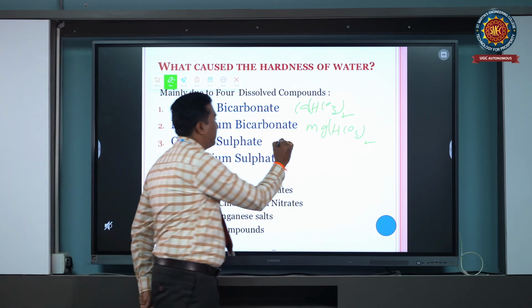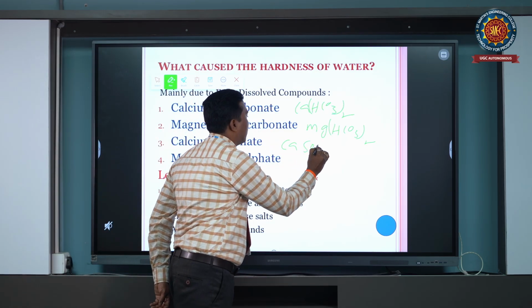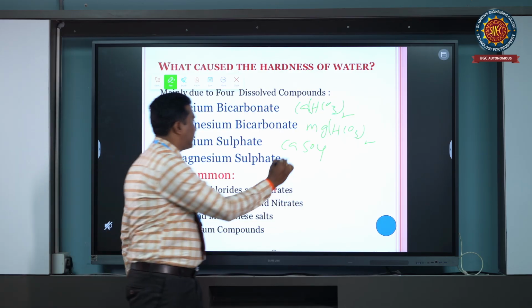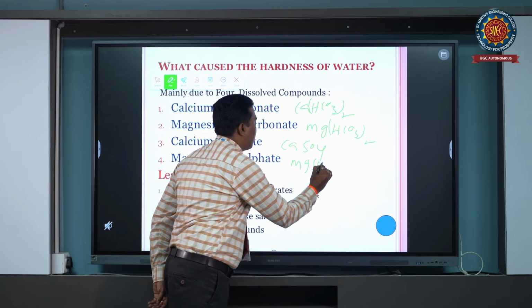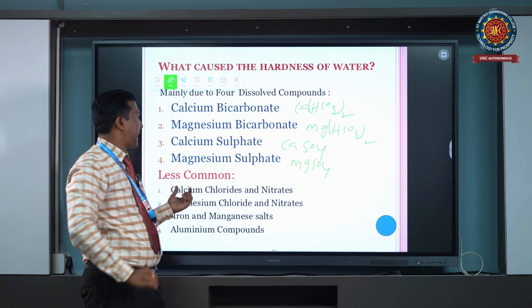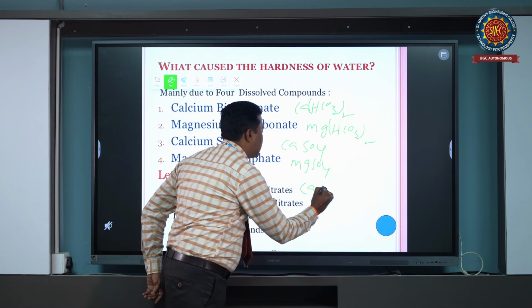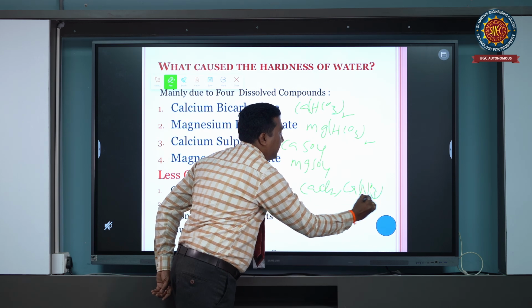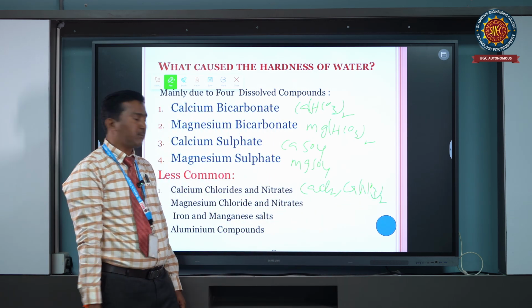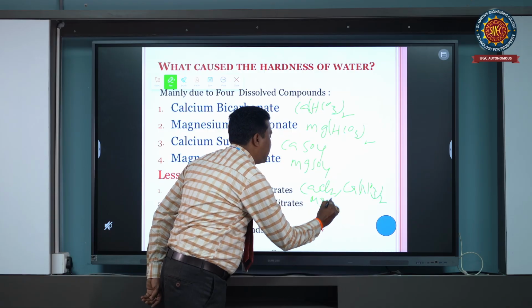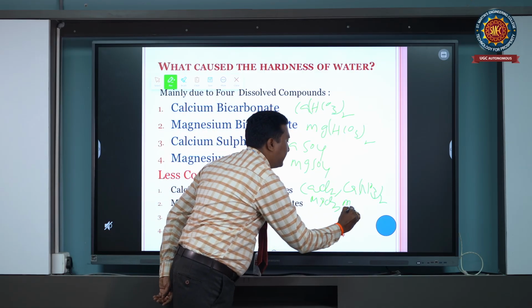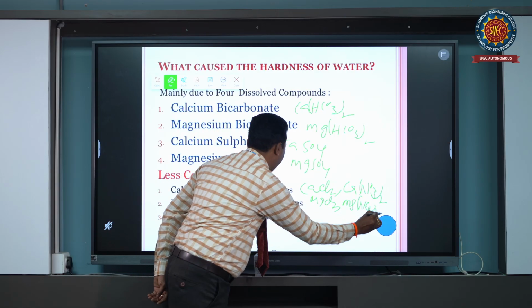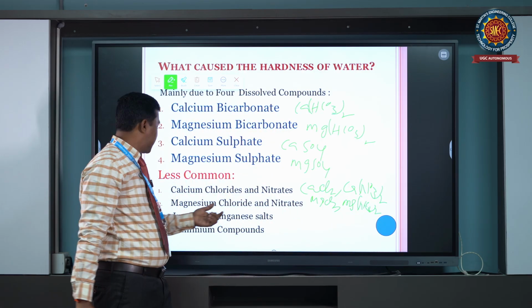Calcium sulfate is CaSO4, and magnesium sulfate is MgSO4. Calcium chloride is CaCl2, and calcium nitrate is Ca(NO3)2. Magnesium chloride is MgCl2, and magnesium nitrate is Mg(NO3)2, and then the iron and manganese salts.